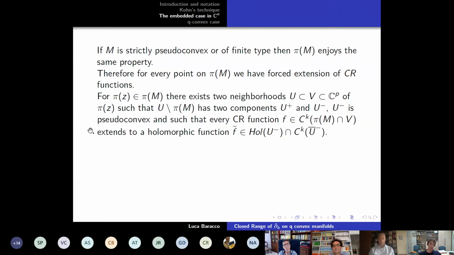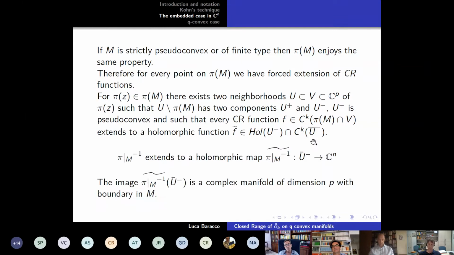U minus is pseudo-convex, such that for every CR function f on V intersected with pi of M, f extends to a holomorphic function f tilde on U minus and smoothly up to the boundary, at least Ck.